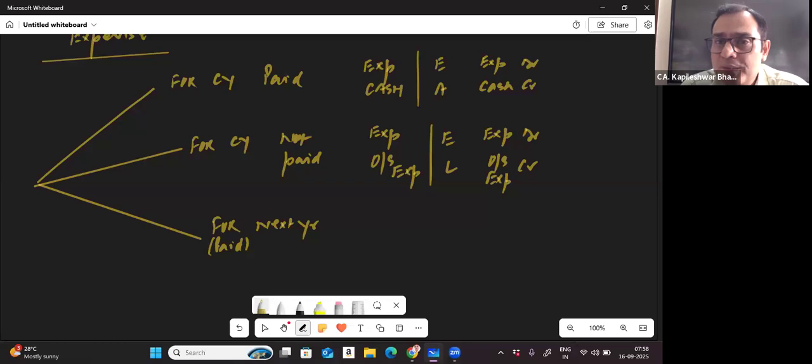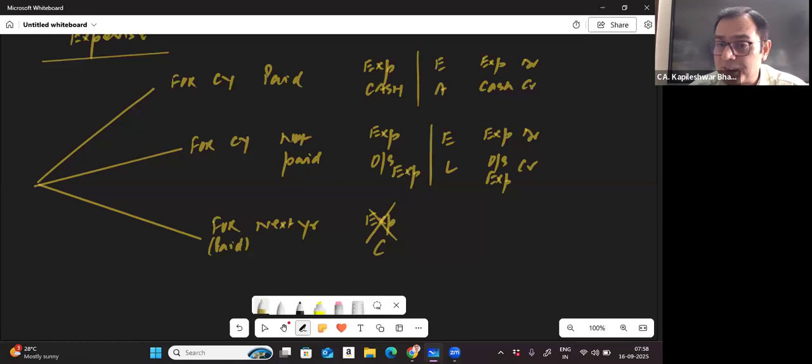So you notice in the first 2 examples, when the expense is paid, I book the expense. When the expense is not paid, I still book the expense. When you pay the money, the cash gets a credit. If you do not pay the money, you create a liability called outstanding expense. Now, when you pay the expense for the next year, you cannot book an expense because it is not for the current year.